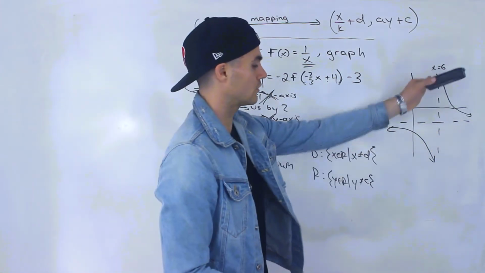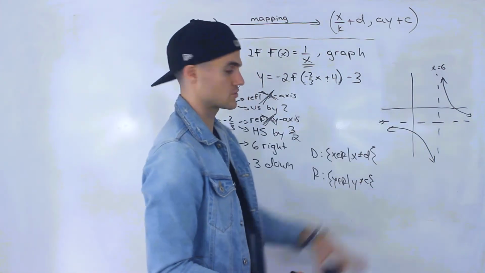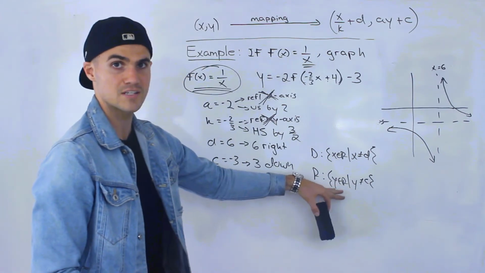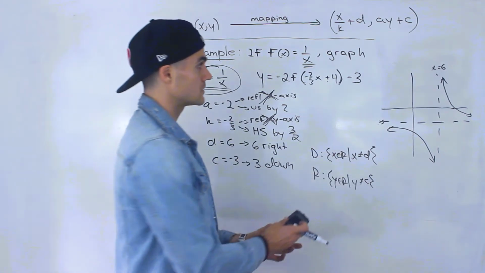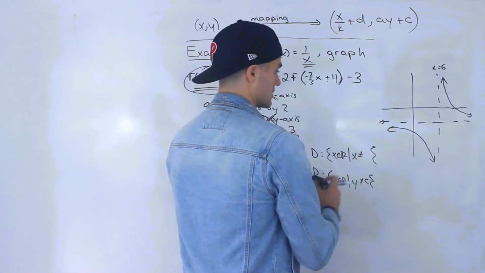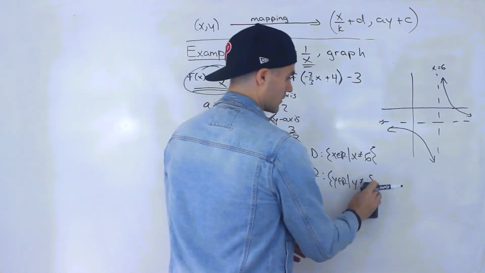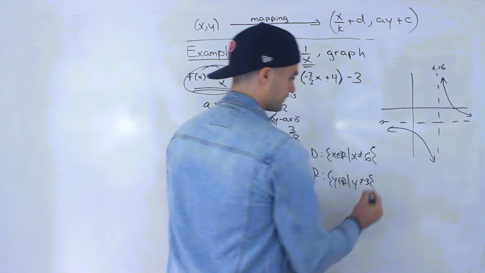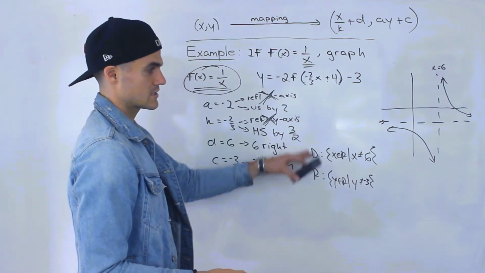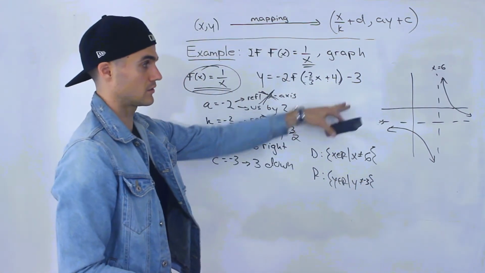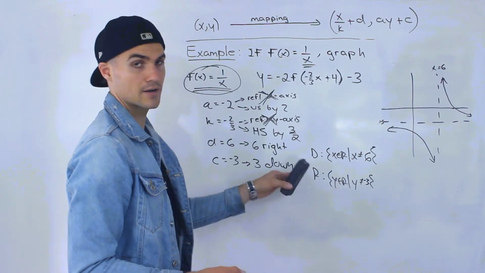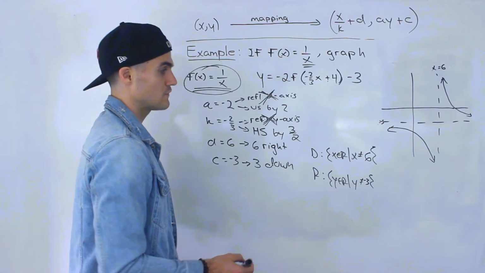X cannot equal the vertical asymptote, y cannot equal the horizontal asymptote. It's always going to be in this format. So the d value in this case, +6, right? And then the c value, -3. And so that's the domain and range for this particular graph. So it's always x cannot equal the d value, y cannot equal the c value.